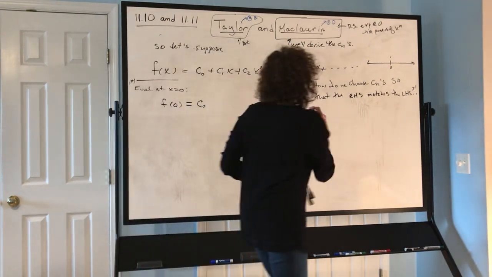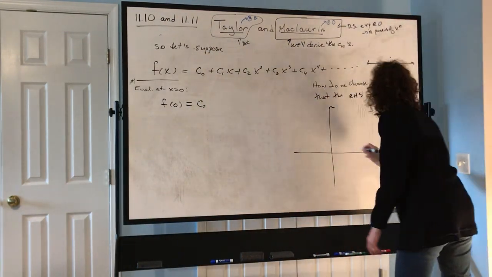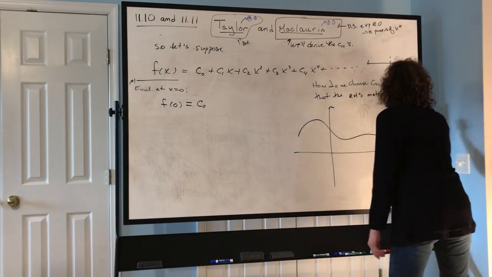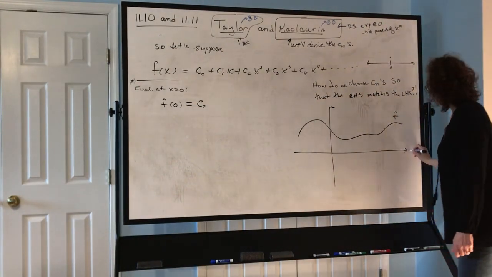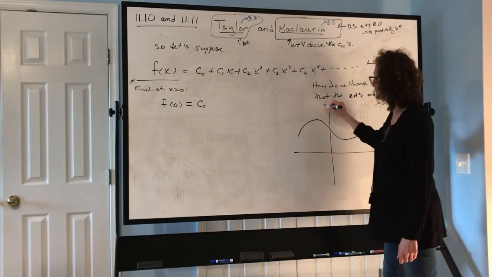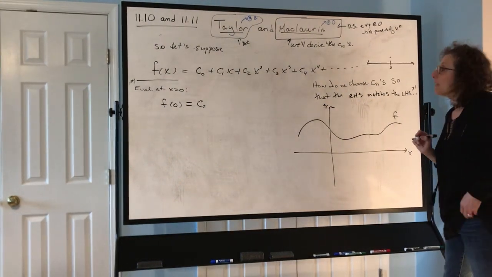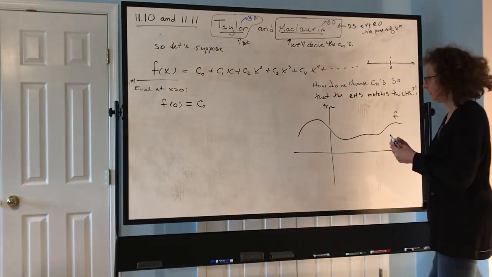Let's look at a visual. Here's a generic function f. This is my x-axis, this is my y-axis, this is a graph of f. What is f of 0? So now we're back to like a long time ago.